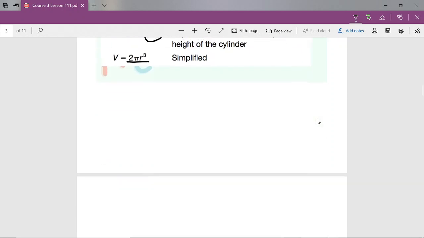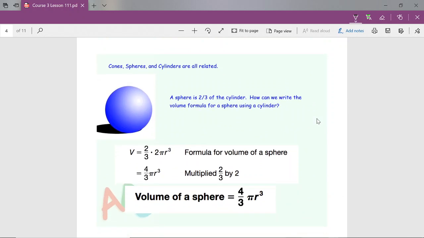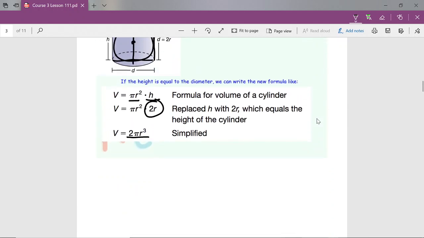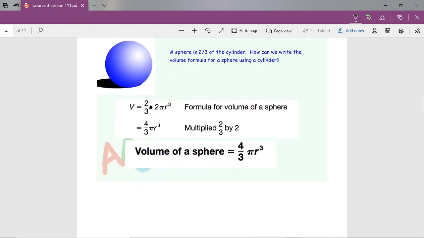But we go a little bit further. If we want the sphere, we say it's 2/3 of that volume. So we take 2/3 and multiply it by the 2 pi r cubed that we just got. Remember that 2 pi r cubed comes from taking this r right here and multiplying by that r squared. So 2 pi r cubed, we multiply by 2/3, and we get 4/3 pi r cubed.